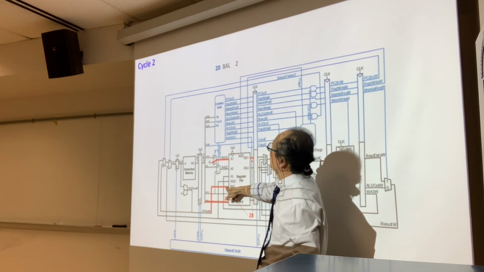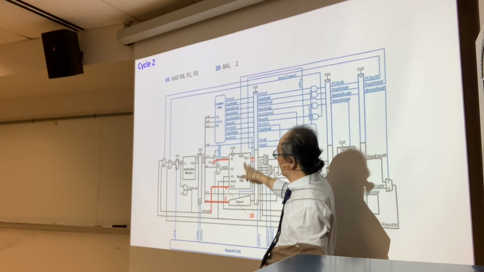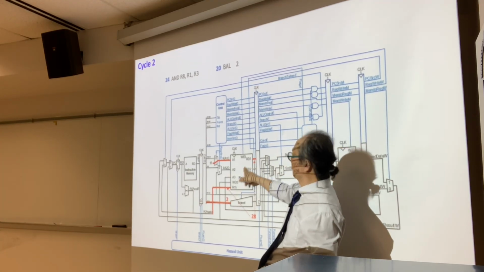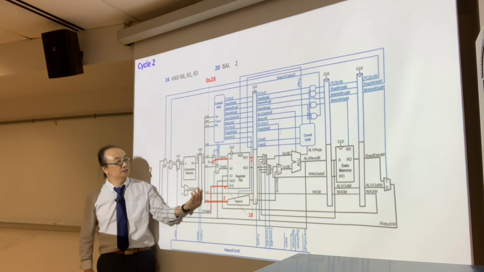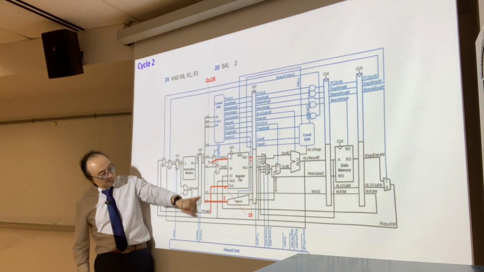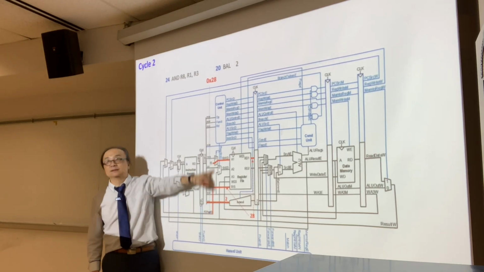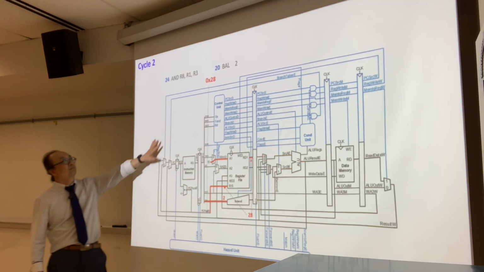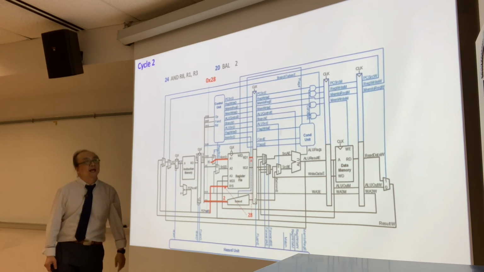Why is it 28? Because PC plus 8. And this is also 28 because we are reading the content of R15. This is the IF stage and this is the ID stage. So I'm just saying 28 happens in the ID stage. Right there, it's PC plus 8. Of course, we have PC plus 4 in the AND instruction.